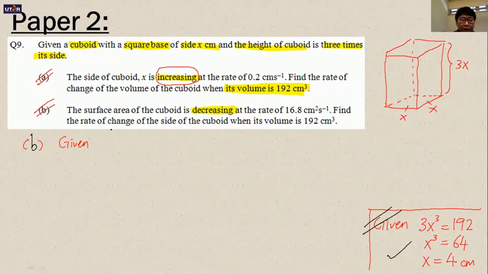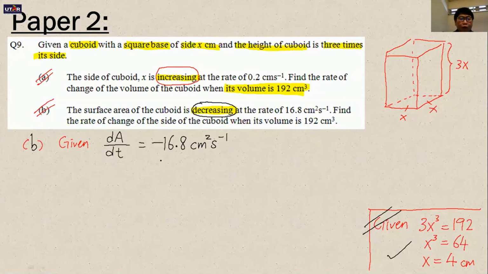So given dA over dt, I'm using A to represent the surface area. Why dt? Because it is the rate of change. So it's equal to 16.8 centimeter square per second. But because of this word decreasing, you should have a negative sign.